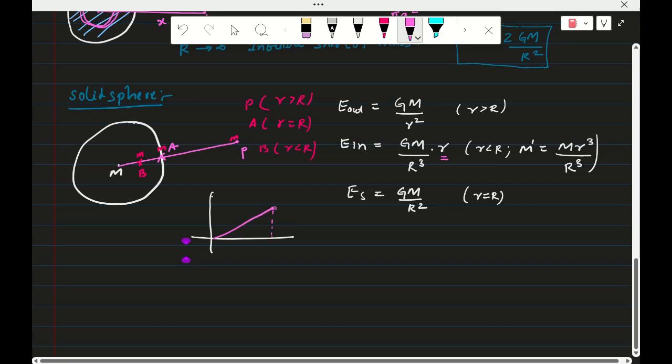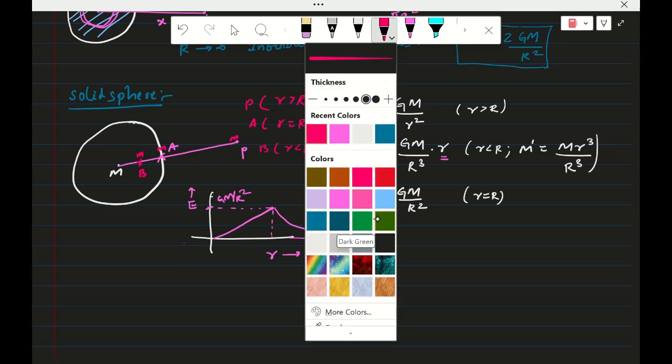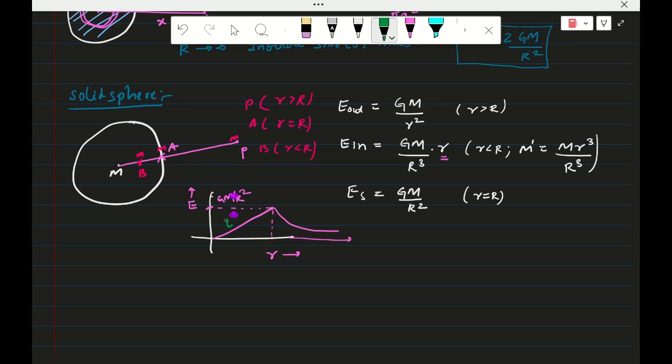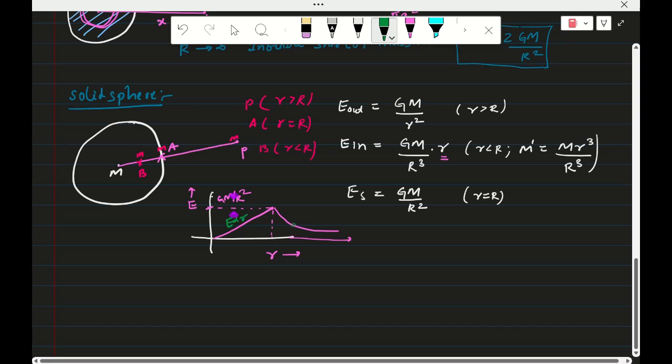Thereafter it decreases, parabolically. So this is r, and here it is field. This is the maximum field that is equal to Gm by R square. So field E inside the solid sphere is proportional to r, outside it is inversely proportional to 1 by r square.